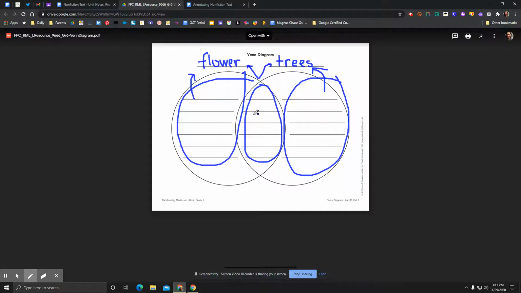So, for example, when I think of a flower, I think of buds, right? Flowering buds, pretty petals. Normally, you might think that's just a flower, but I know in the spring, our trees have flowering buds as well. So I'm going to go ahead and put that. But I also know that a tree trunk has bark, and I've never seen bark on a flower.